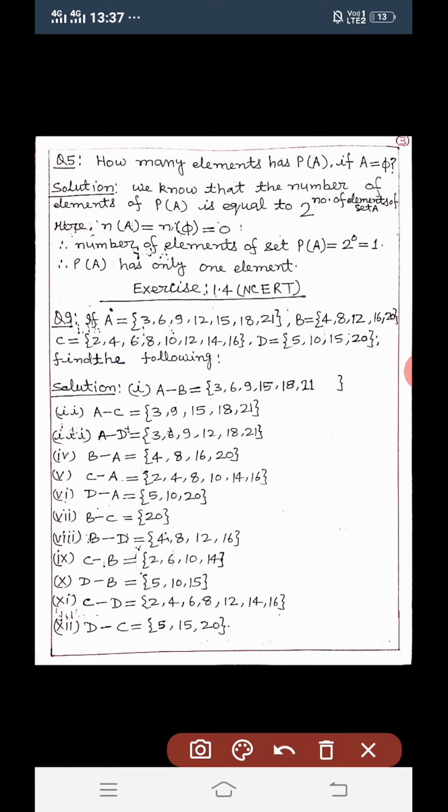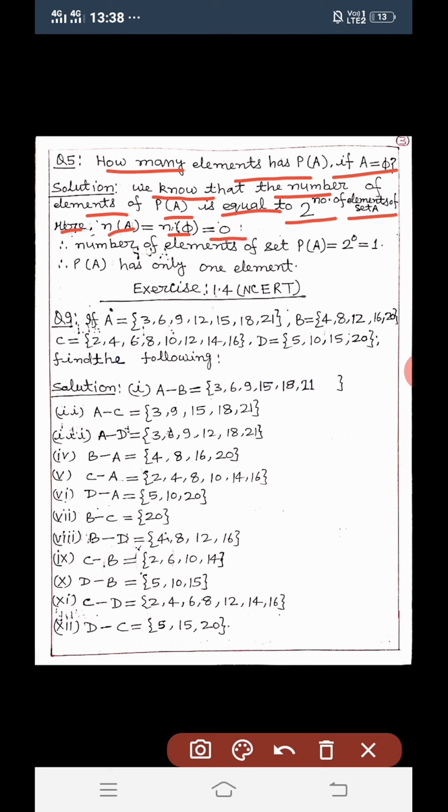Question number 5. How many elements has the power set of A, that is P(A), if A equal to phi? Dear students, we know that the number of elements of the power set of A is equal to 2 to the power number of elements of set A. Here number of elements in set A equal to n of phi equal to 0.